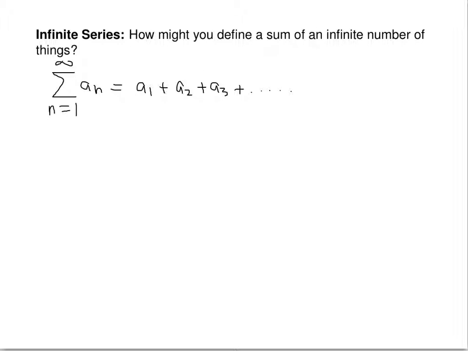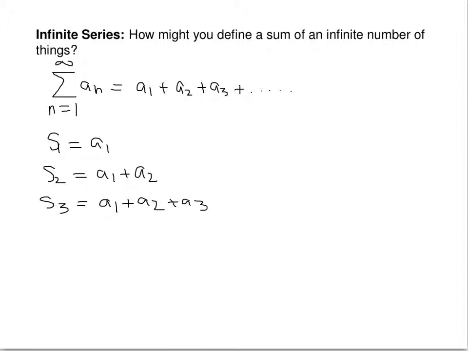And what we do is we turn this into something we know. We can take this sum, this series, and turn it into a sequence as follows. First we let S1 equal A1. S2 is A1 plus A2. S3 is the first three terms added together, A1 plus A2 plus A3.